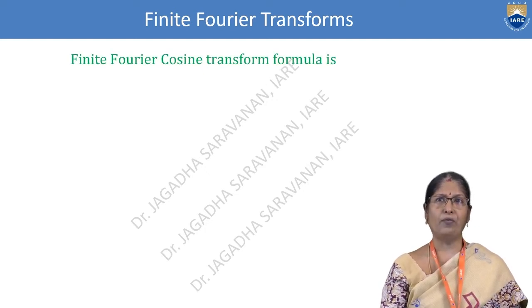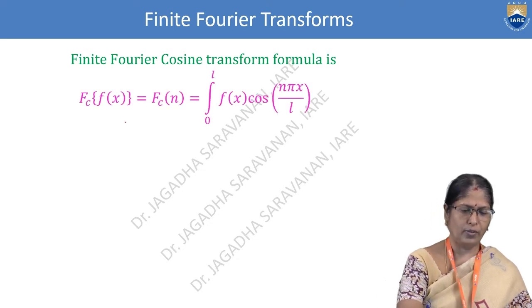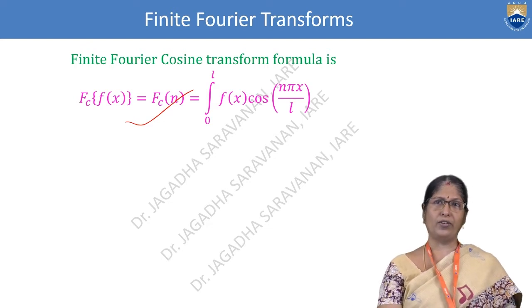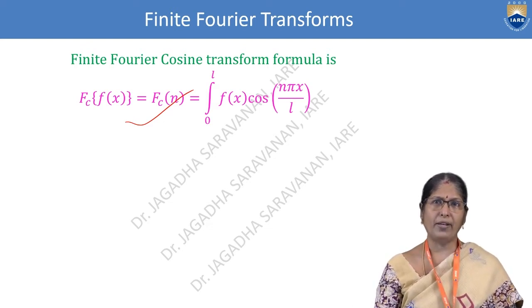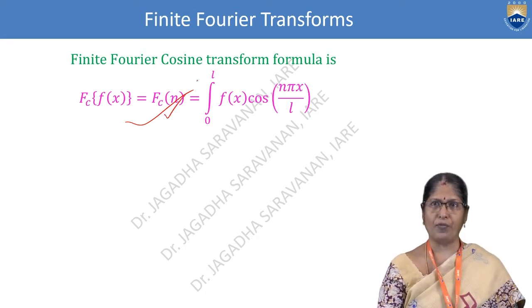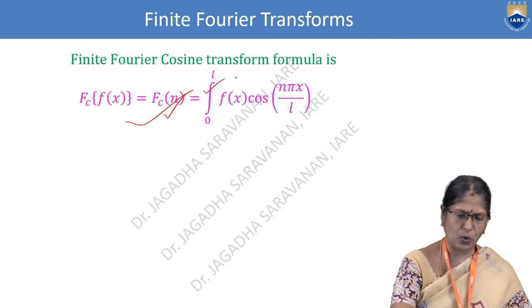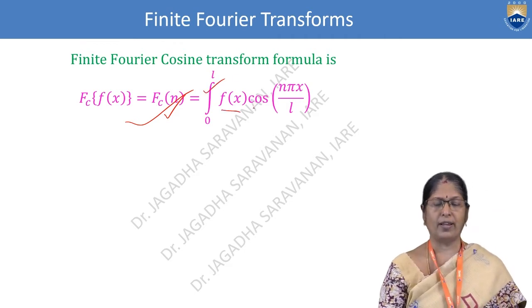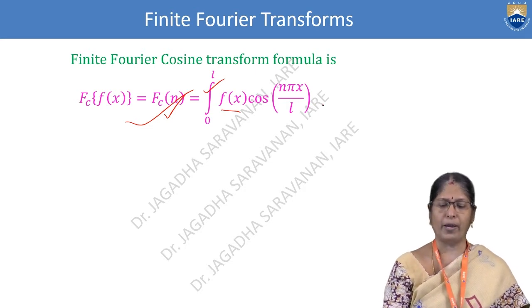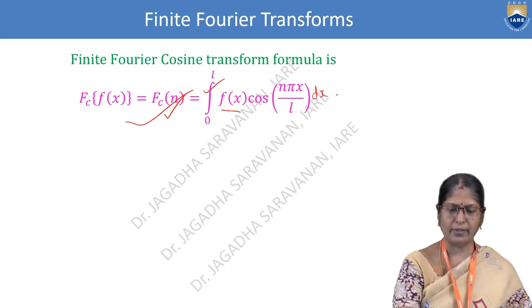Next, the finite Fourier cosine transform formula. So this is the formula for the finite Fourier cosine transform: capital Fc of f of x, which is nothing but capital Fc of n, equals integral 0 to L of f of x multiplied by cos of n pi x by L dx.